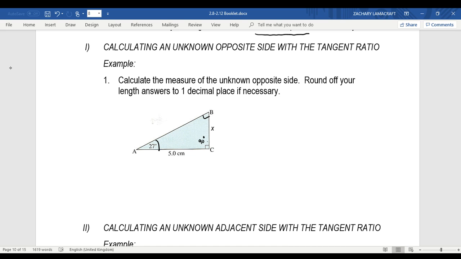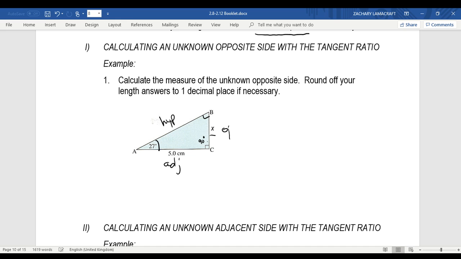So if this was the angle in question, what side is this called right here? The hypotenuse, right? What side is this side right here? The adjacent. And then X would be what?